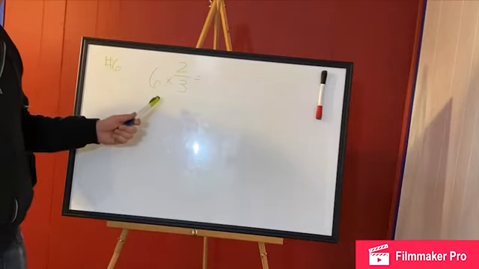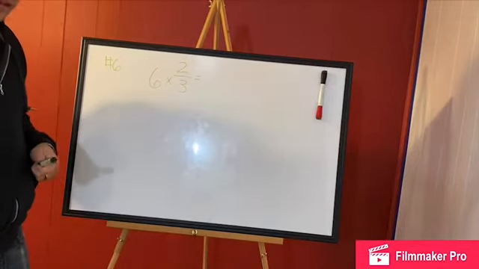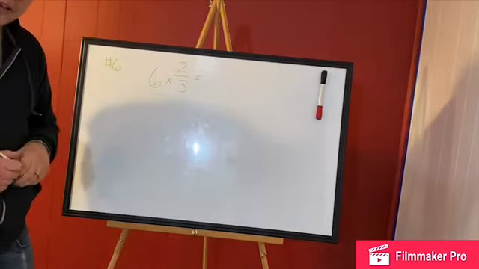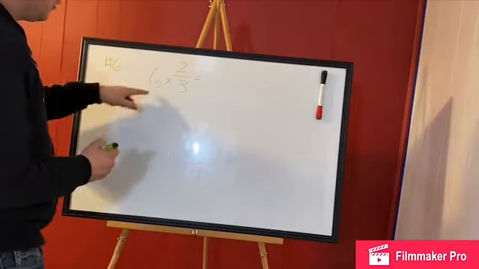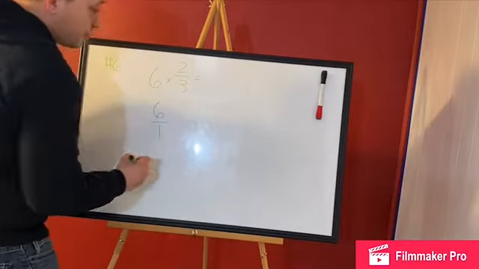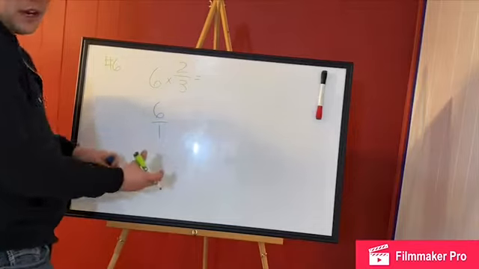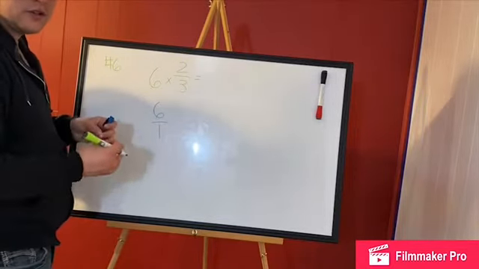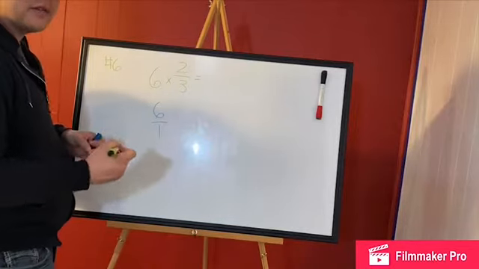Now, moving on to number 6. We have 6 times 2/3. We can do it this way, but there's one way that might make this easier for you. We change 6 to 6 over 1, which means the exact same thing, but we're making it in like terms, making it a little bit easier to do this by hand versus calculator.